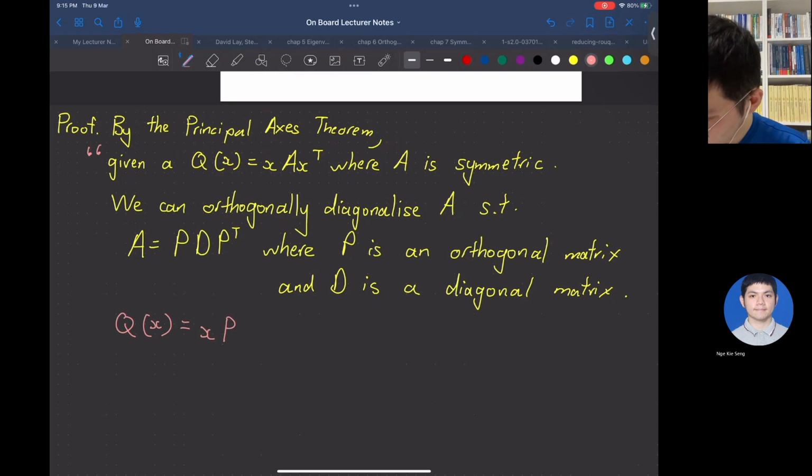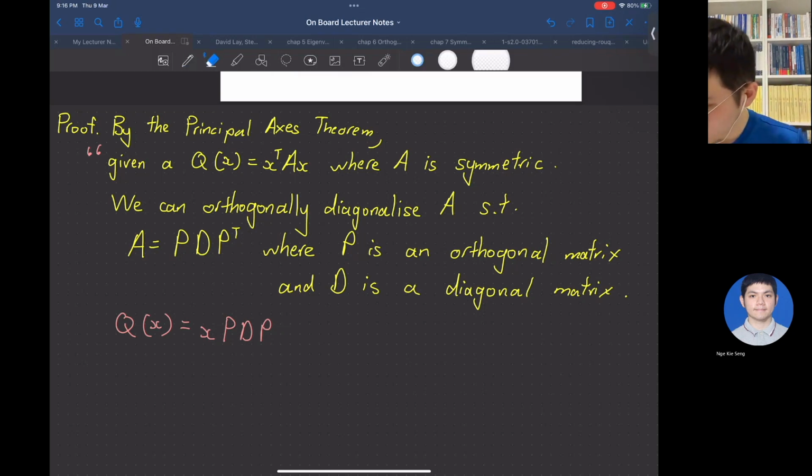We can substitute P D P transpose back into the quadratic form. Sorry, I missed out this a little bit. It's X transpose A X. So it's really P D P transpose here, and then here X.